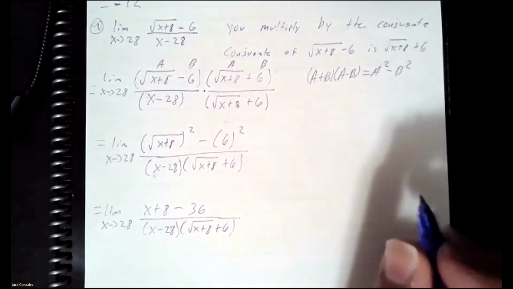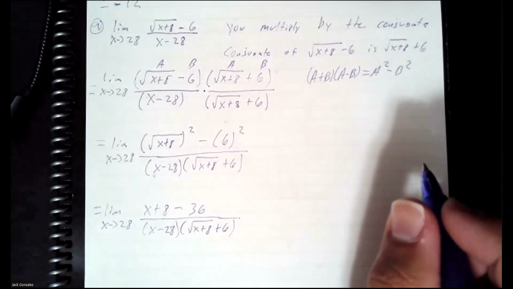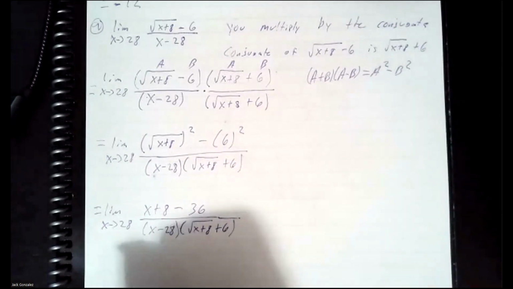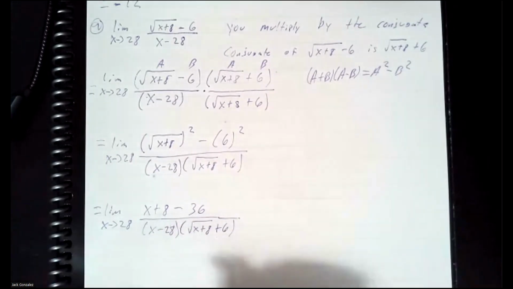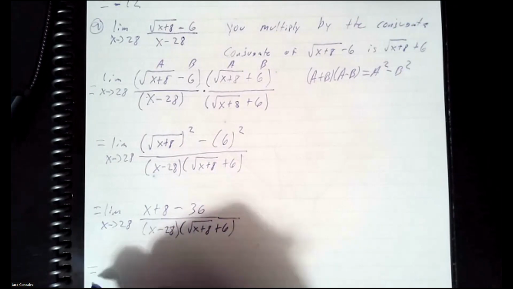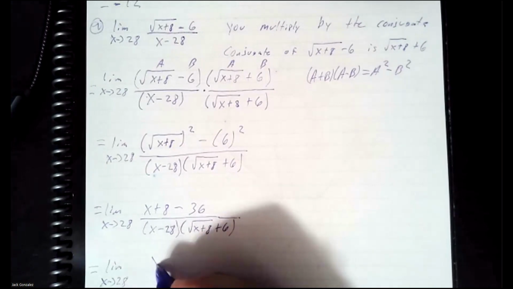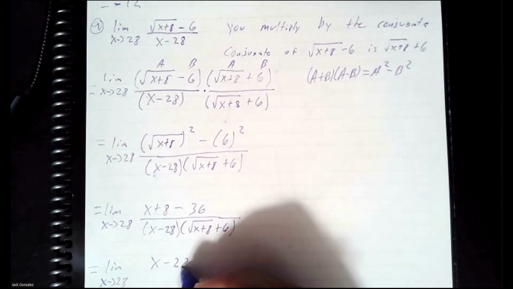There we go. Everything else is good. I don't know where I got that from. Anyways, 28 minus 36. What's that going to be? Negative 28. So now we got what we wanted, right?